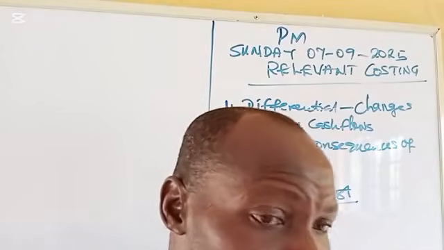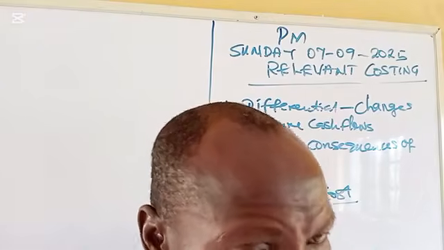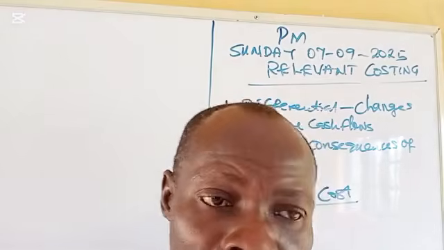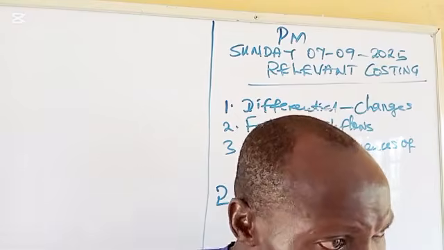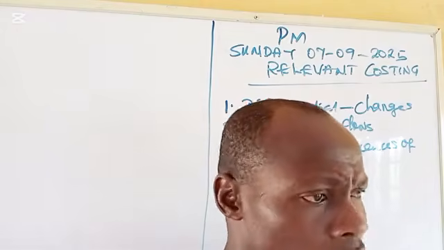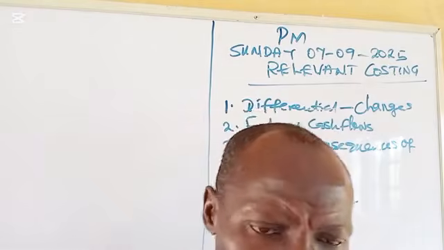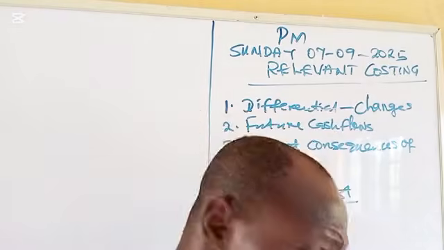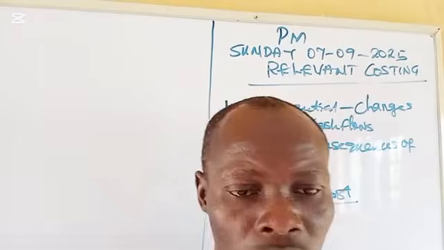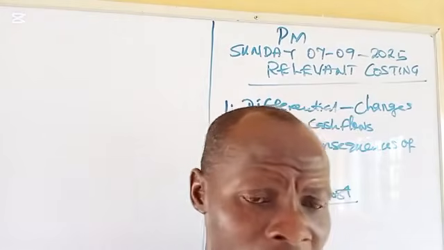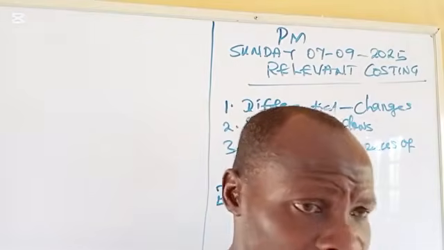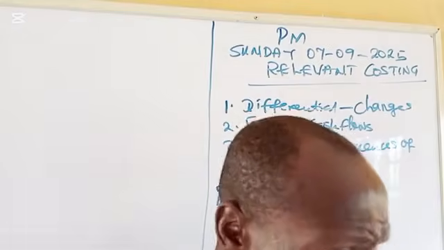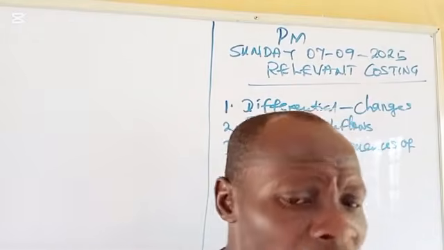Not those costs that have been incurred before the products are launched, or before the decisions are taken. All relevant costs are futuristic in nature. That means past costs are not relevant. Costs incurred before the products are launched are not relevant.